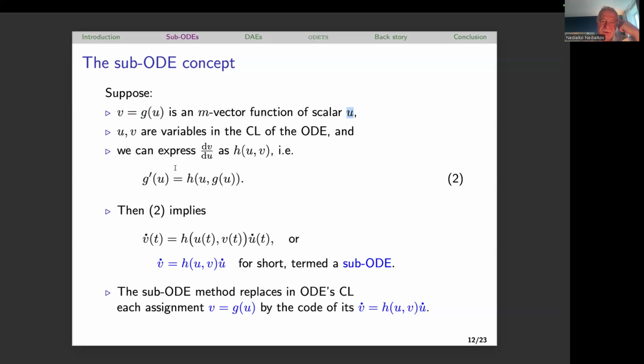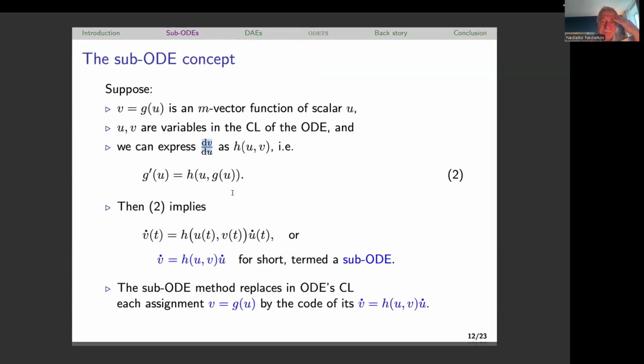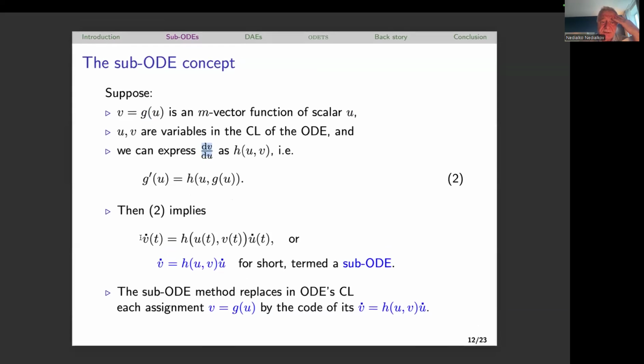Assume that we can express this derivative of v as h of u, v for some suitable function h, such that this holds. Then this implies this equation here, or in short, we have this, which we call the sub-ODE.